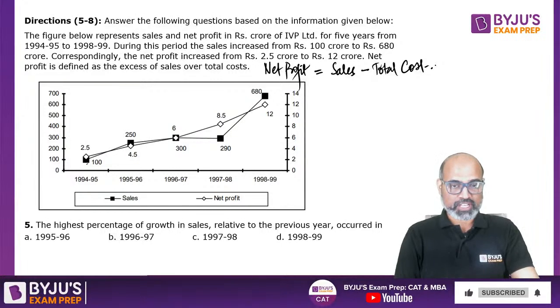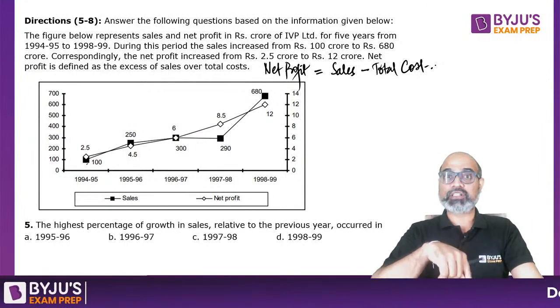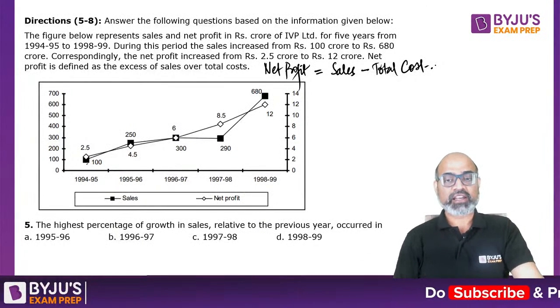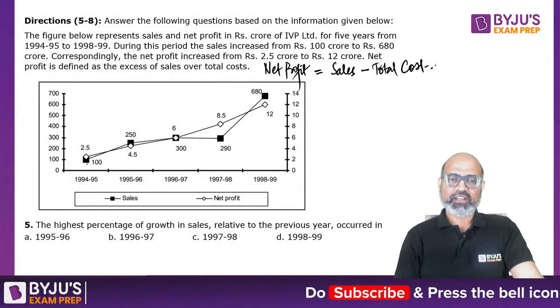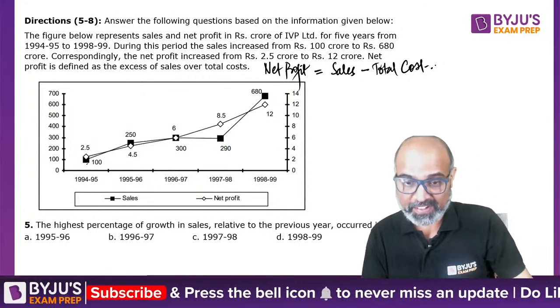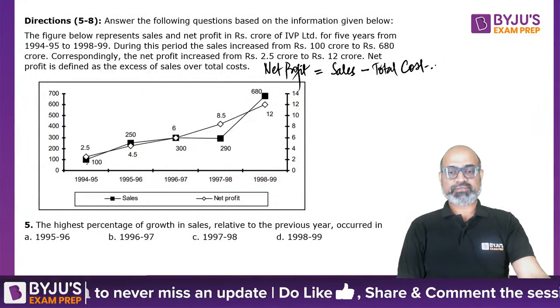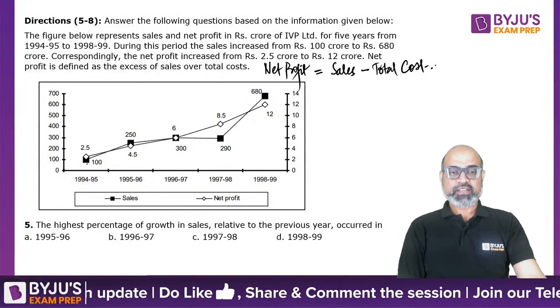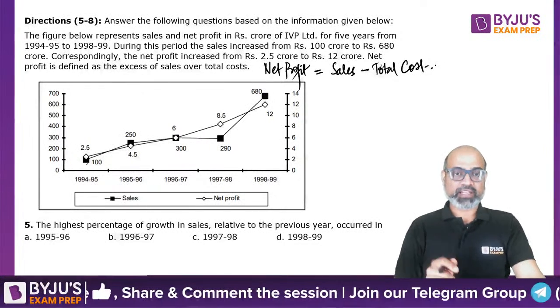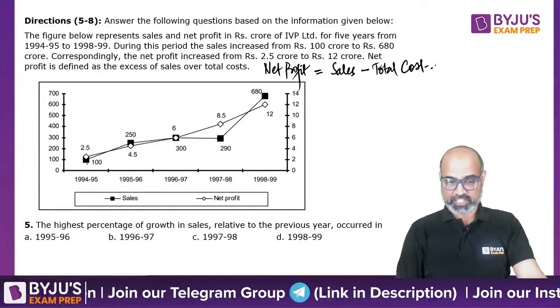Now the question is: the highest percentage growth in sales relative to the previous year occurred in which year? This is relatively easier to find out. The sales, that is the black ones, highest percentage growth in which year did it occur?